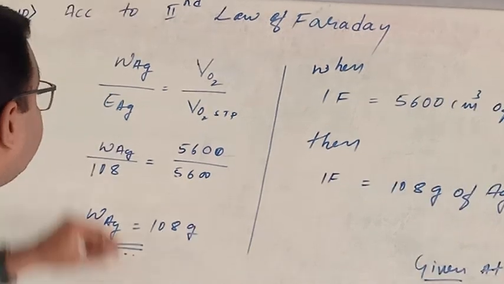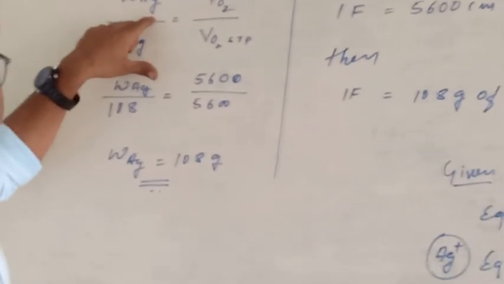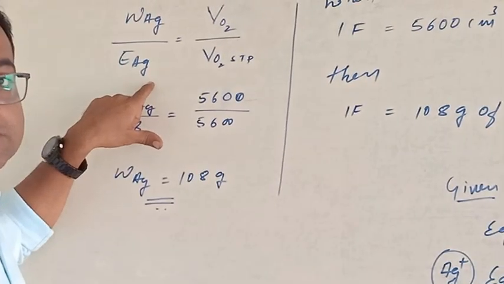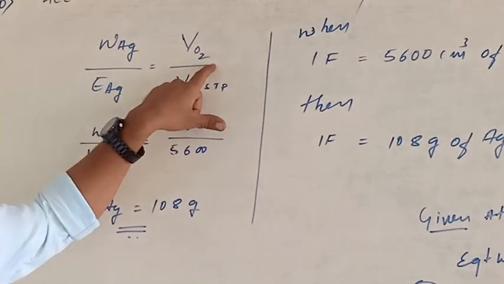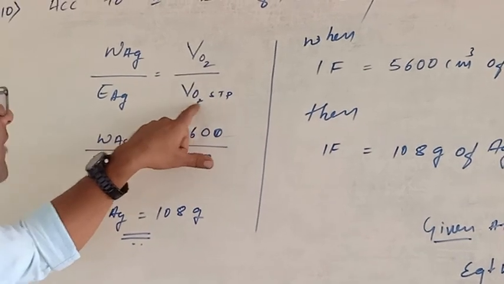We know that we can write the equation like this: weight of silver by equivalent weight of silver is equal to volume of oxygen by volume of oxygen at STP.